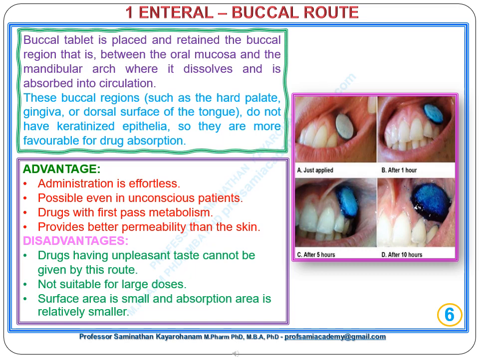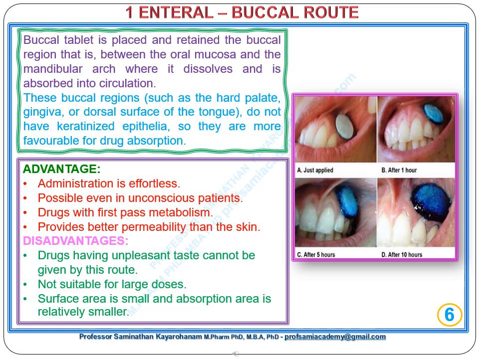The buccal tablet is placed and retained in the buccal region, that is, between the oral mucosa and the mandibular arch, where it dissolves and is absorbed into circulation. These buccal regions, such as the hard palate, gingiva, or dorsal surface of the tongue, do not have keratinized epithelia, so they are more favorable for drug absorption.